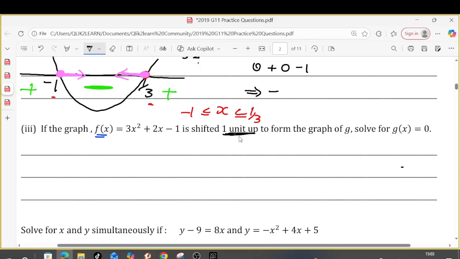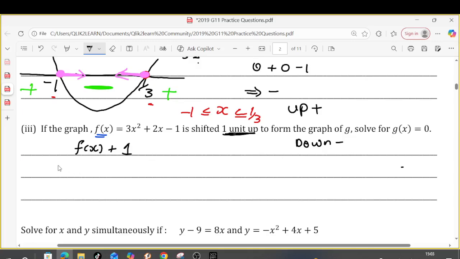Listen, when we shift 1 unit up, you take f at x and add 1. If we shift 1 unit down, you subtract. Up, we add. Down, you subtract. So if your graph is shifting upward, you add. If your graph is shifting downwards, you subtract.